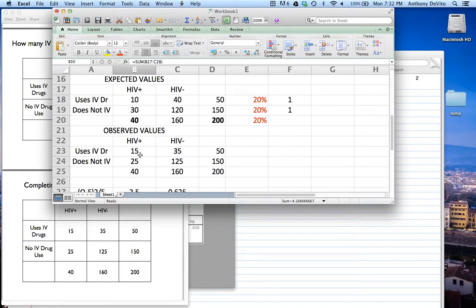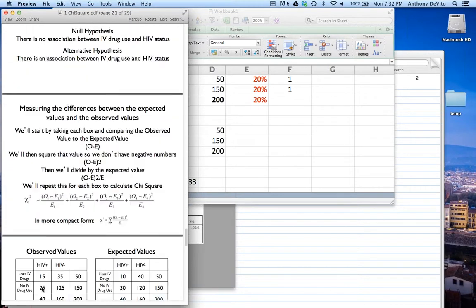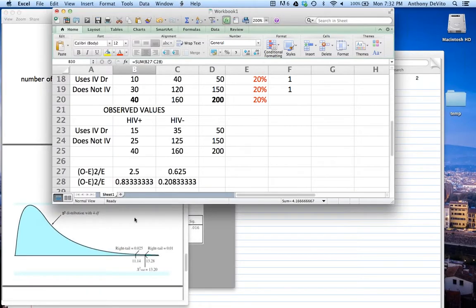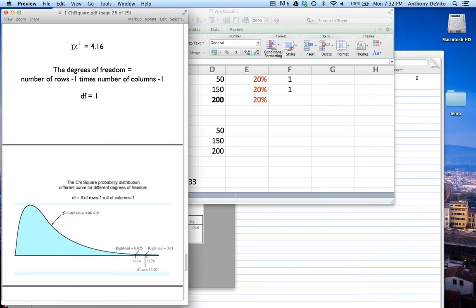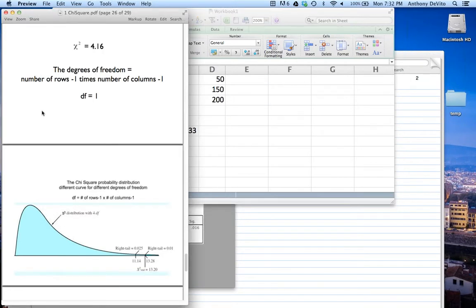So now I need something to measure that against. And I think I may have something here. If I take a look at this, I see I have something called the chi-square value. This number that I've just determined, this 4.16, happens to be the same thing I have in my little PDF file that you can play around with later on.